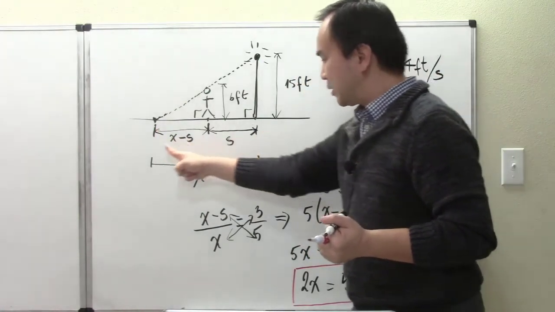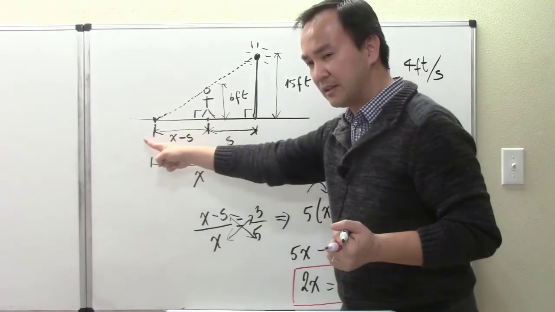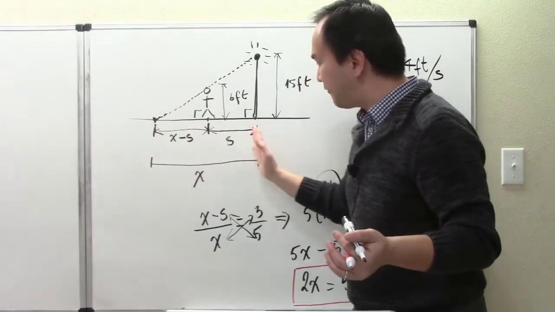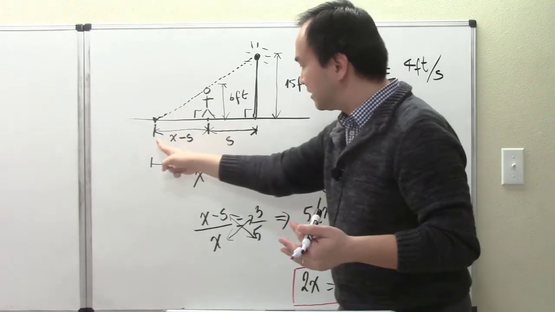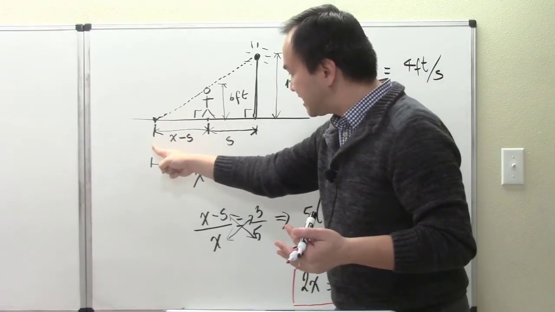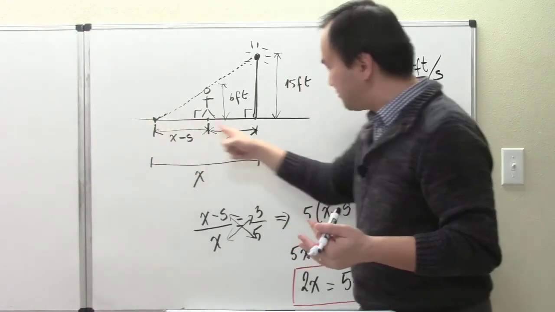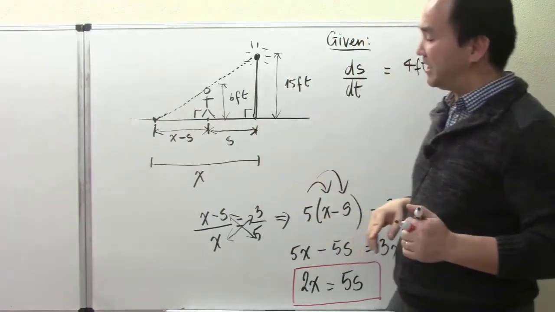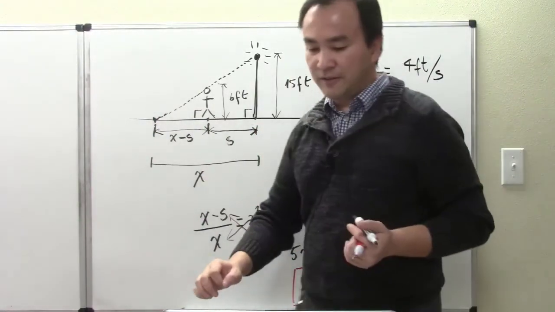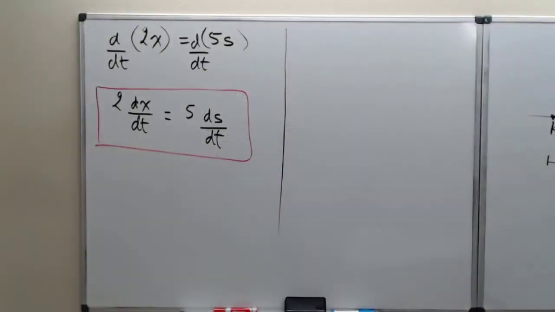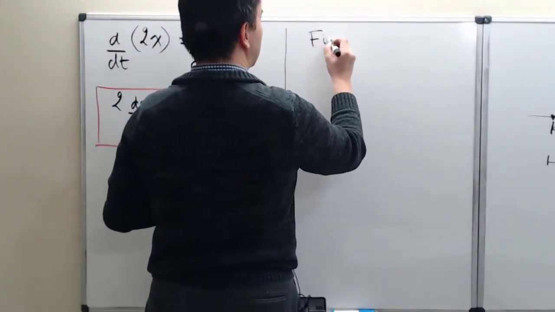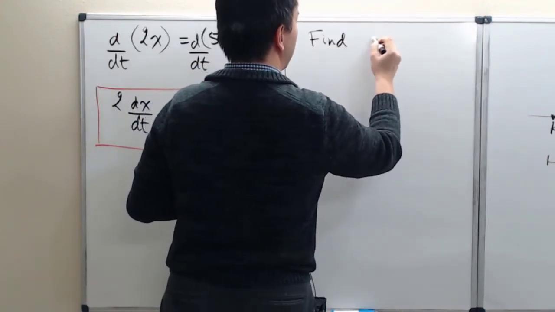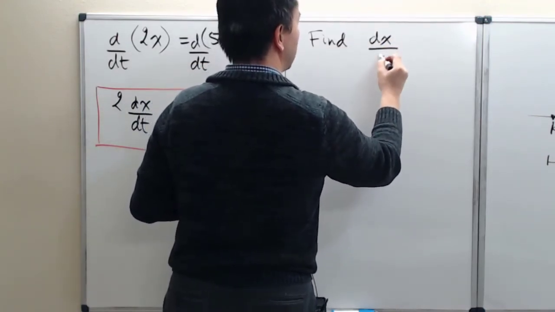So how fast the tip of the shadow is moving means how fast based on the distance referenced from where the tip is back to the base. That's how I defined it. And so that means we're looking for dx/dt. So really, as our goal in this problem, we need to keep in mind that we find dx/dt.